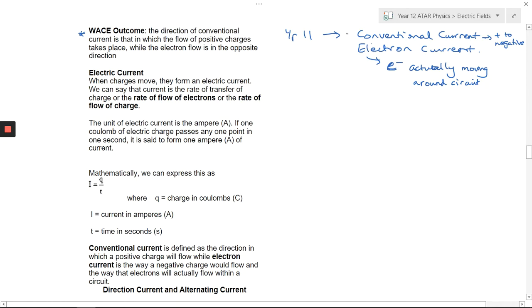So we've looked at this idea in quite a lot of detail. If you have a positive and a negative plate, and you have a circuit here, this is your negative end and this is your positive end.